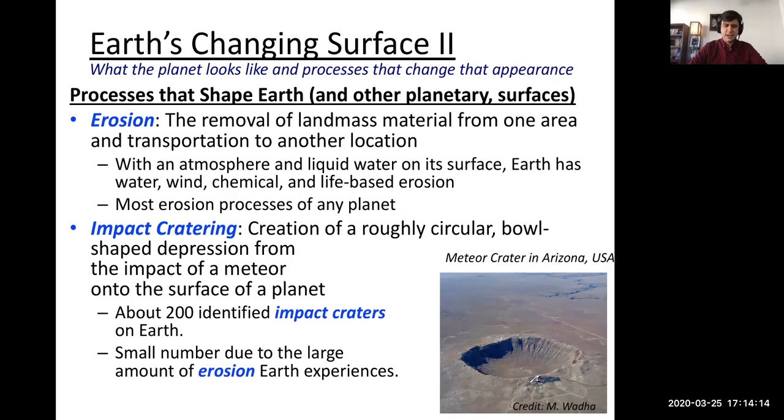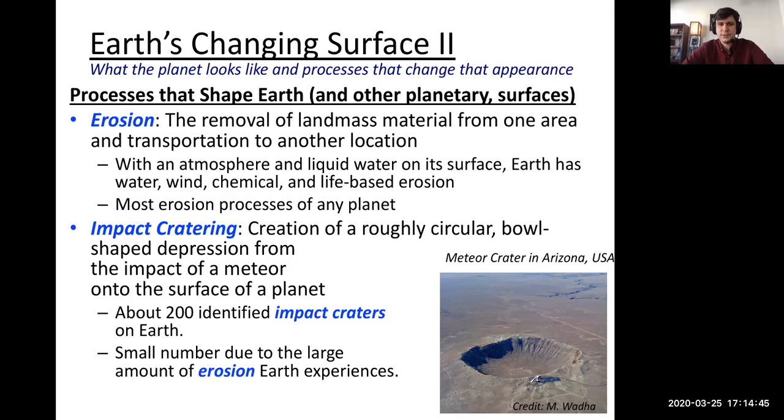Earth is rich with erosion processes, the most erosion of any planetary surface that we see, and that's because we have an atmosphere and we have liquid water on its surface, meaning that we have water erosion from a water cycle. We have wind erosion from the winds blowing around. We have chemical erosion, and there's even life-based erosion. So we have the most erosion processes of any planet, meaning that surface features don't stick around very long.